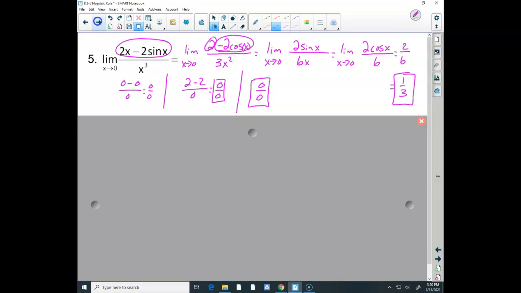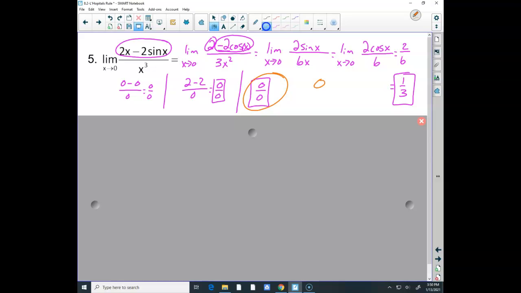I could go over this 100 times. Any time I get indeterminate form of 0 over 0, take the derivative of the top, the derivative of the bottom, and try it again. You keep doing that until it evaluates.